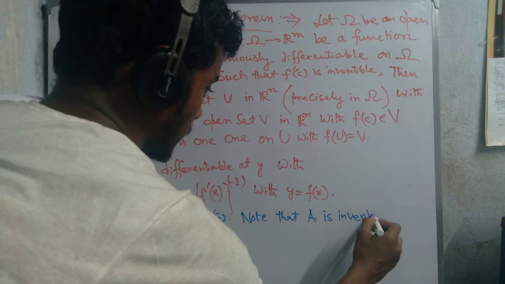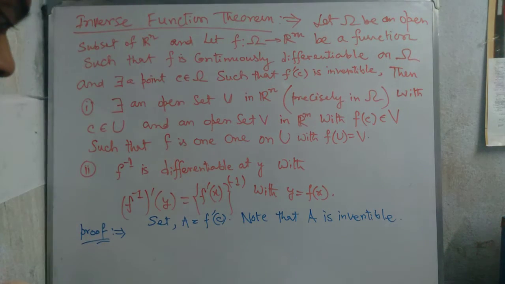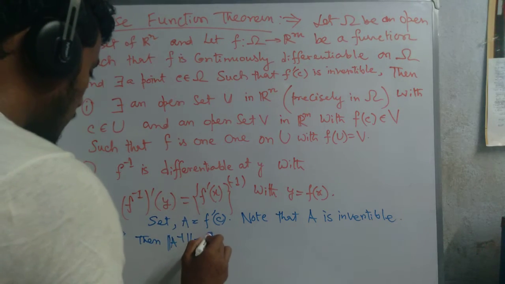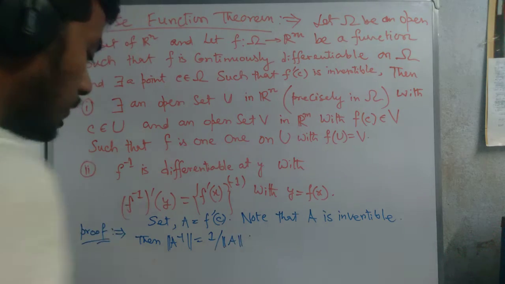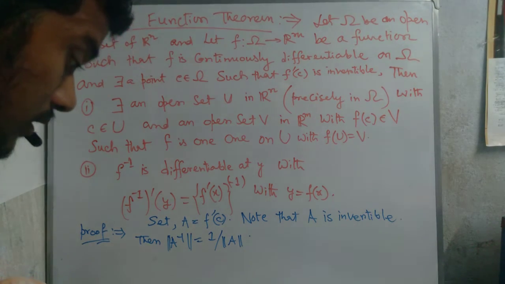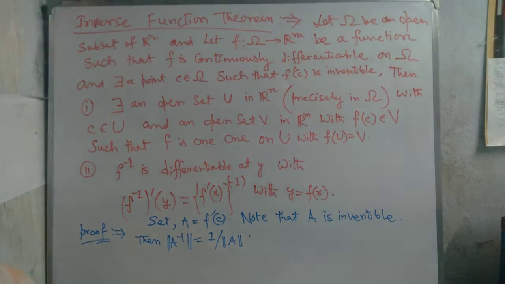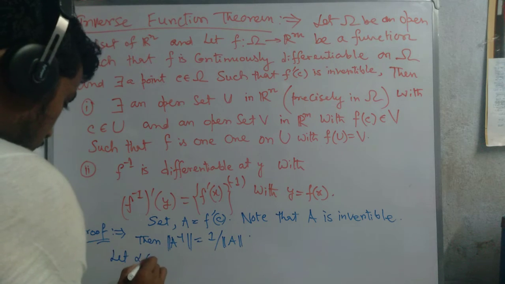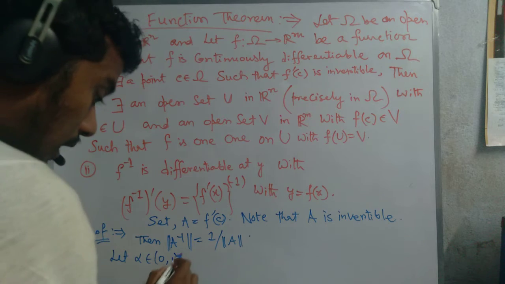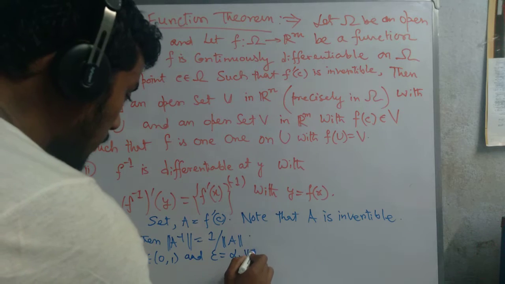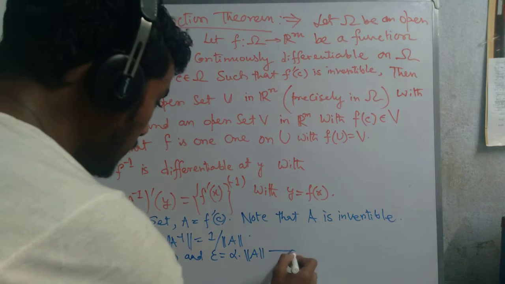Then the norm of A inverse equals 1 by the norm of A. Next, let alpha belong to the open interval (0,1) and epsilon equal to alpha over the norm of A. Marked as 1.